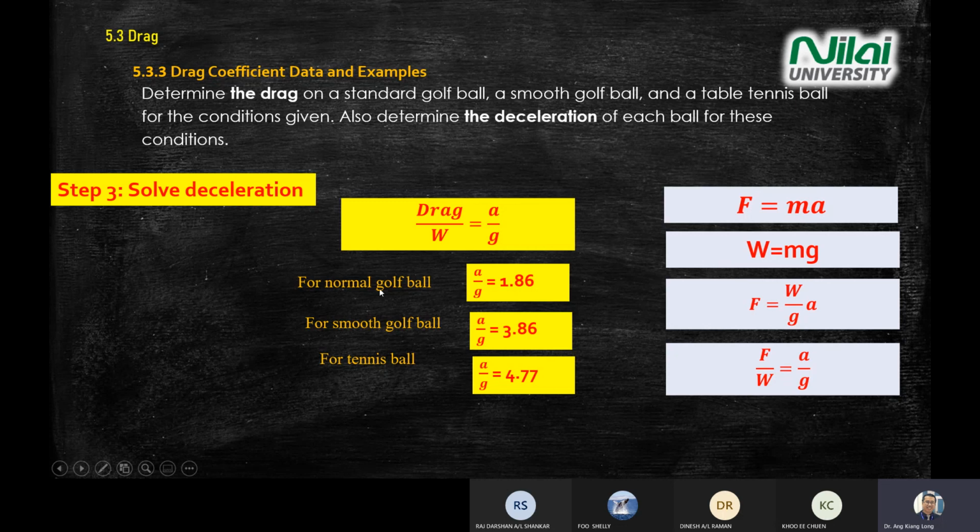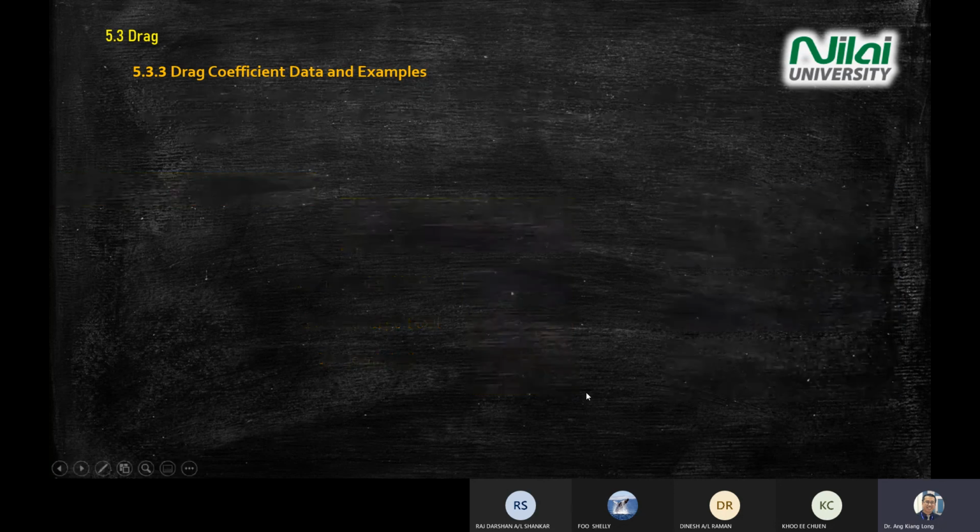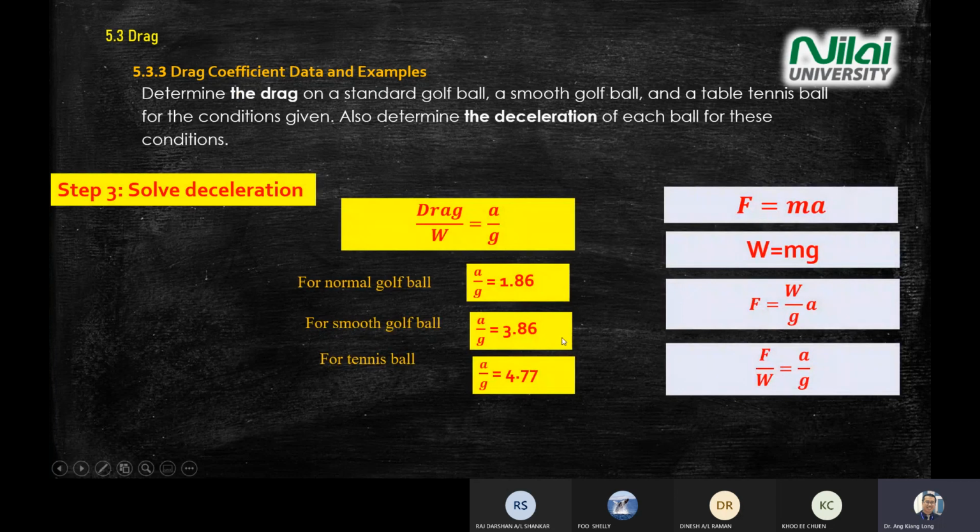So the acceleration for the normal golf ball is 1.86 times 9.81, or you can just put it in the g form: 1.86 g. The acceleration for the smooth golf ball is 3.86 g. For the tennis ball, a equals 4.77 times 9.81 to get the acceleration. Okay. So this is how you get the acceleration, deceleration.